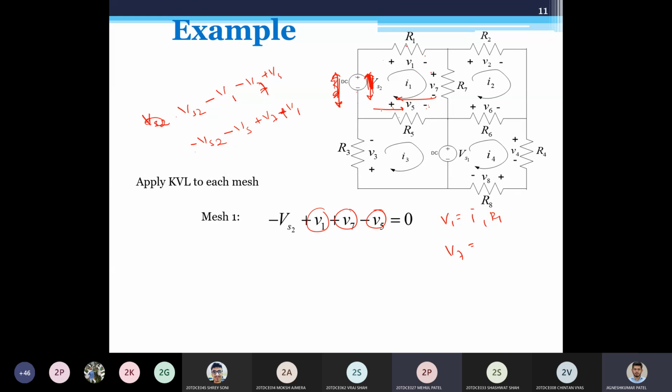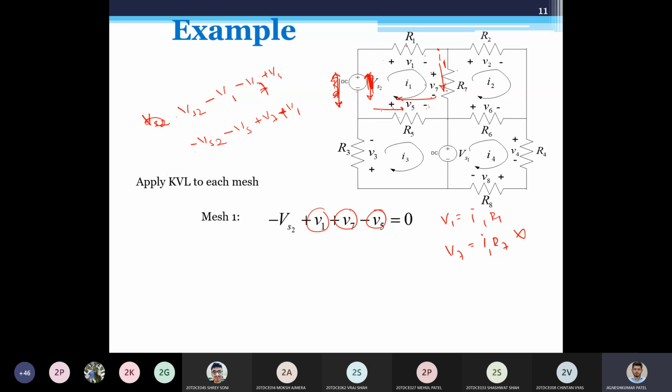I1 R7. Okay, if you write this I1 R7, you will be wrong. Why? Because if you look, this element is part of two different loops, and there is a current I1 flowing like this, but I am actually writing the potential V7. So I do not have to consider only this mesh right now, but as an element I have to consider what would be the value of voltage appearing across this.